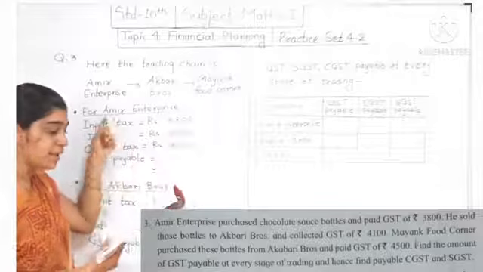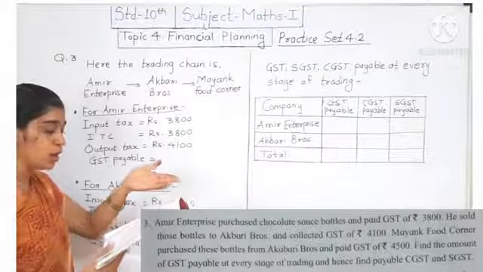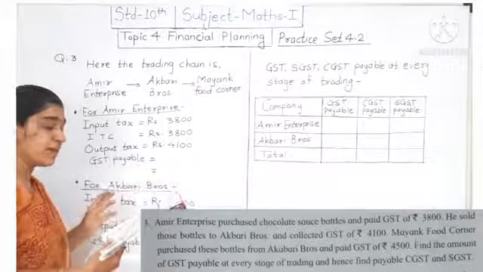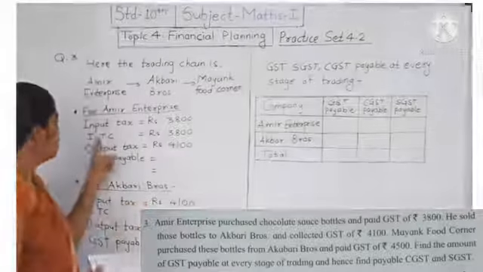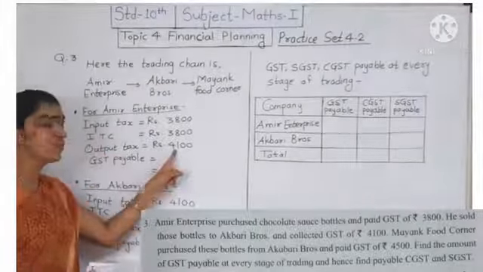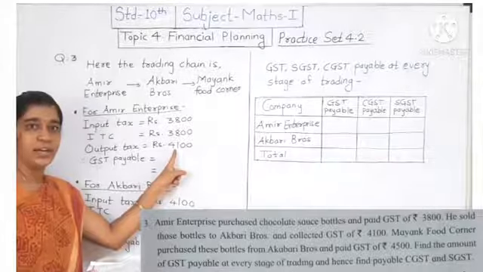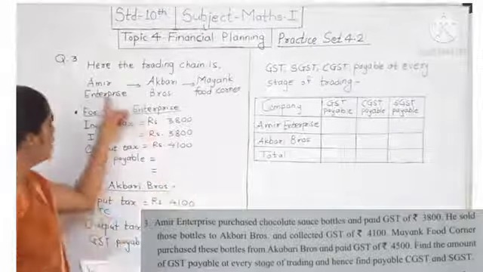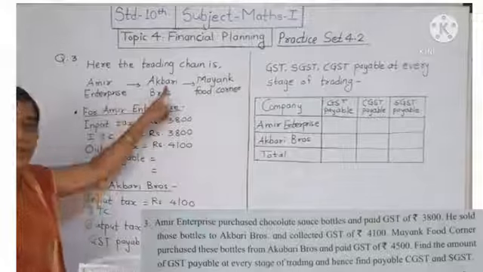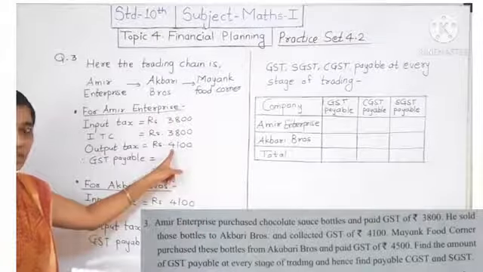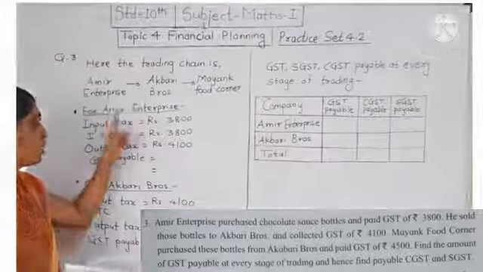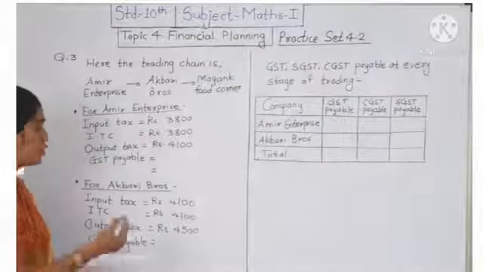And Amir Enterprises sold to Akbari Brothers and collected a GST of rupees 4,100. So output tax is 4,100 at the time of sale. Okay, understand? For Amir Enterprises, which is input tax and which is output tax.